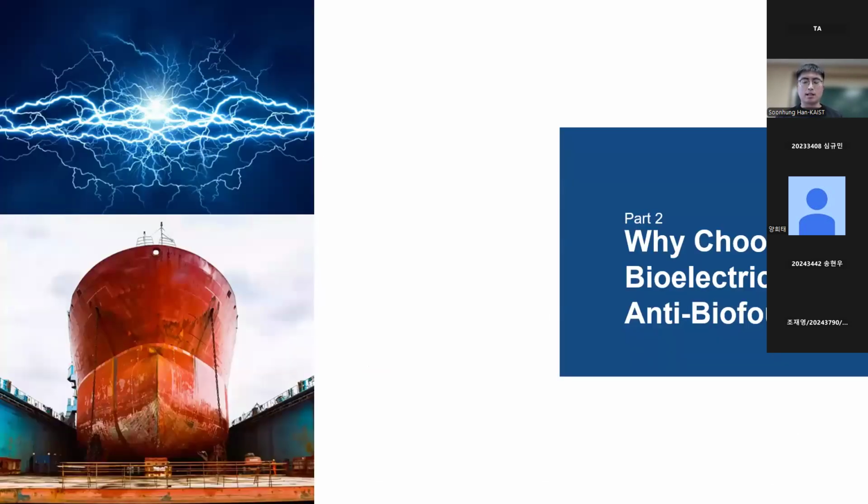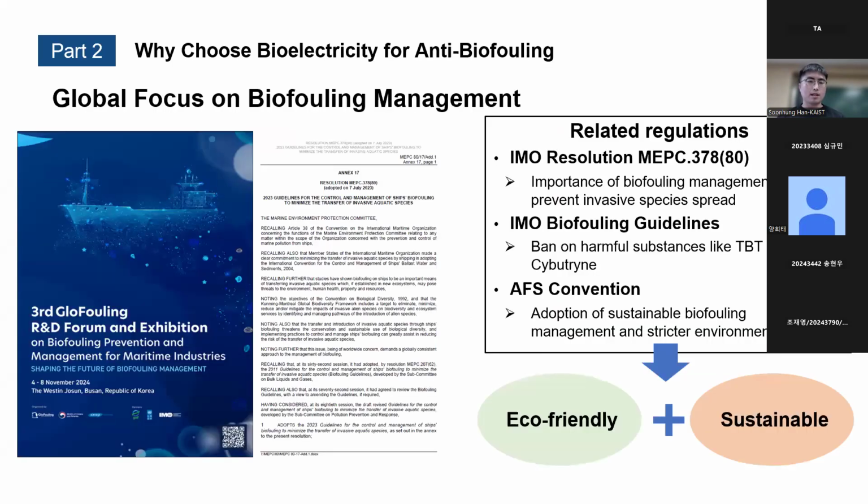Next slide explains why our group chose electricity for antifouling. First, antifouling has become an issue of international interest, evidenced by the upcoming global forum on antifouling to be held in Busan this November.